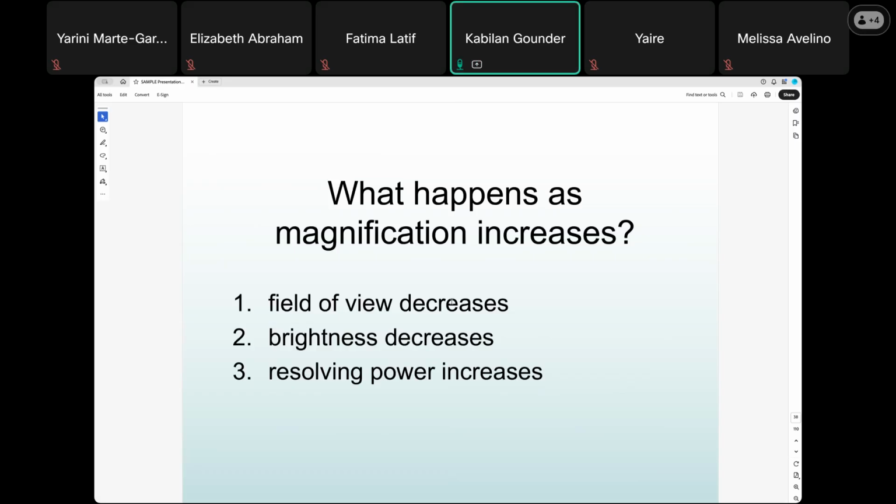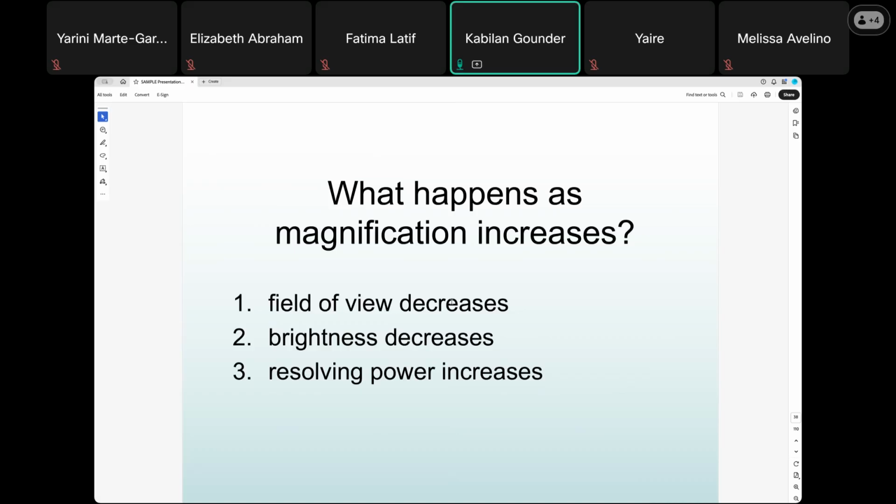If you want a target that is far away from you, then you have to zoom, and zoom means you have to increase the magnification. If you magnify, the viewing area decreases, but you get more and more detail.